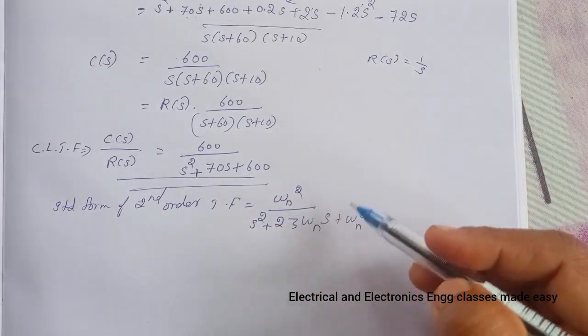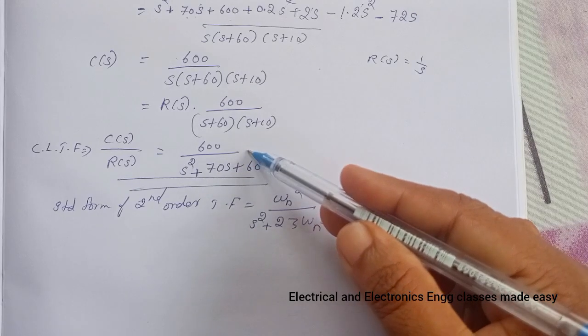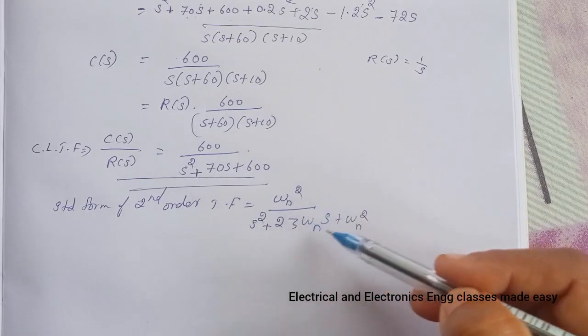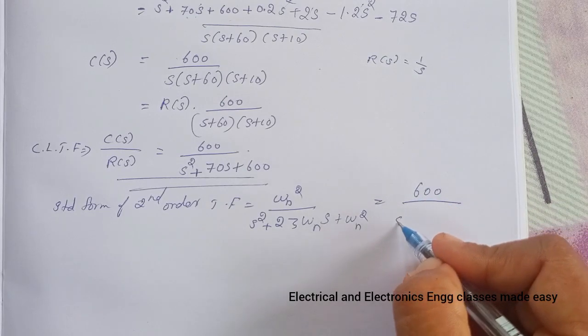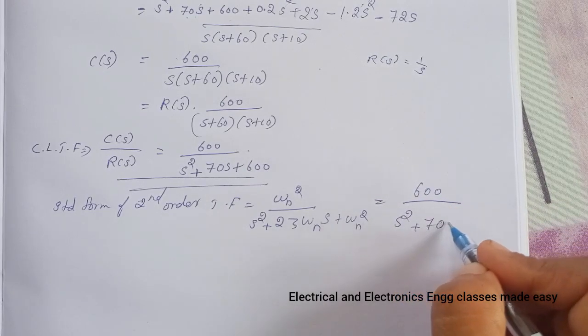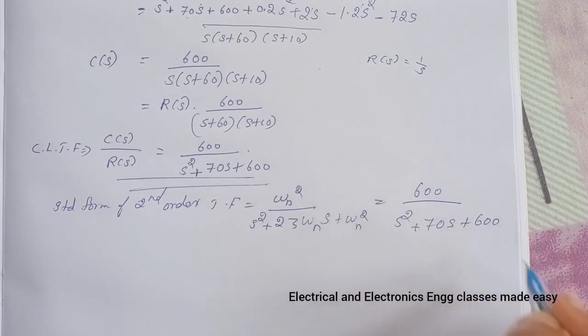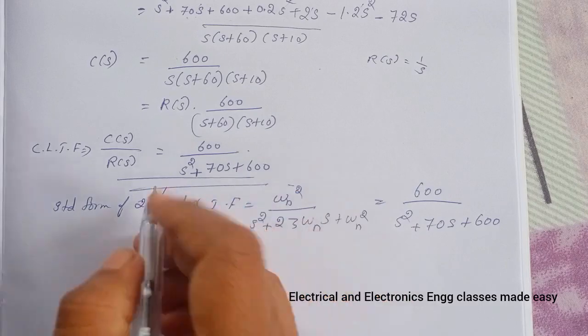So compare with 600 divided by s square plus 70 s plus 600.